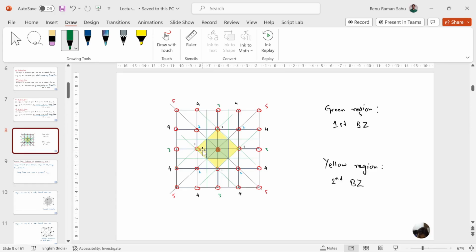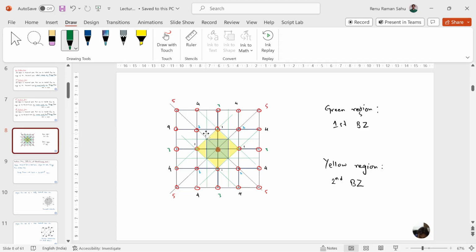The total area of the yellow region is the same as the total green region. If you fold these triangles onto this square, you will find they exactly overlap. So that is the thing.